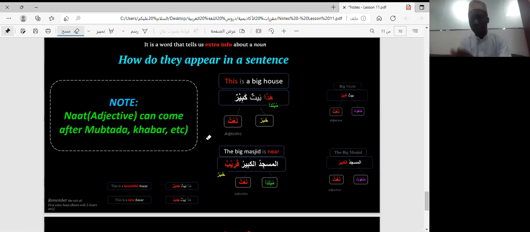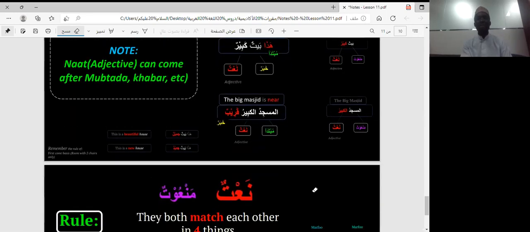Hadha would be mubtada. Baytun is khabar, man'ut. Then kabirun will be na'at. Na'at for what? For baytun. So al-masjidul kabiru, the big masjid. Al-masjidu is mubtada. Al-kabiru is qualifying that masjid. That is na'at for mubtada. Then qaribun is khabar.